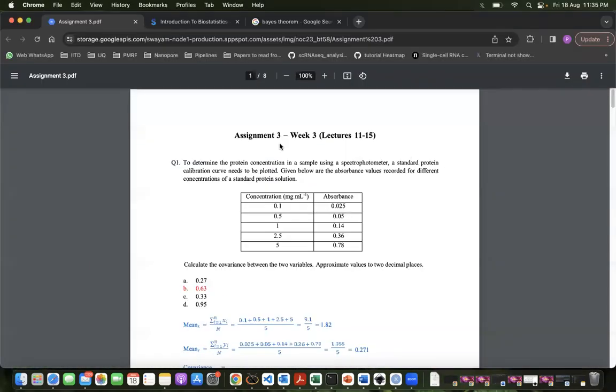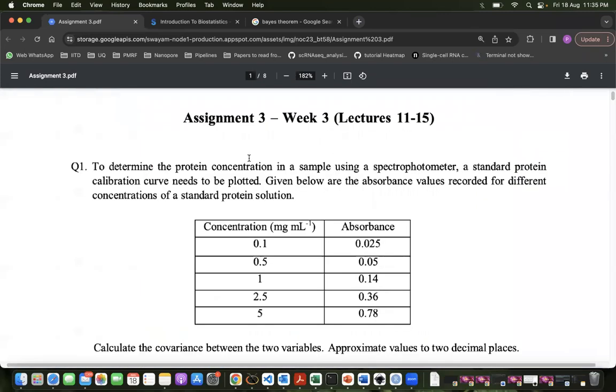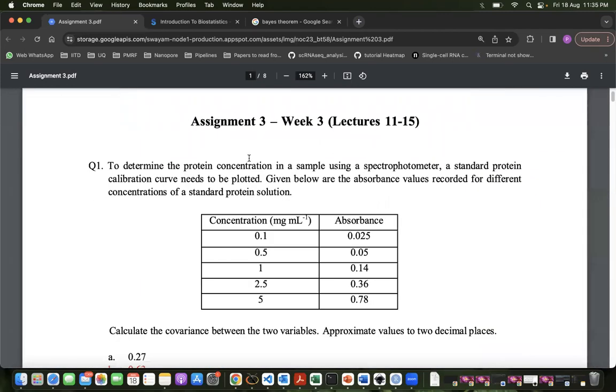So I hope you can see the screen. Okay. So to determine the protein concentration in a sample, you would have seen that a lot of these questions have some concepts that come from bio, right? So don't get confused by it if you're not familiar with these terms.